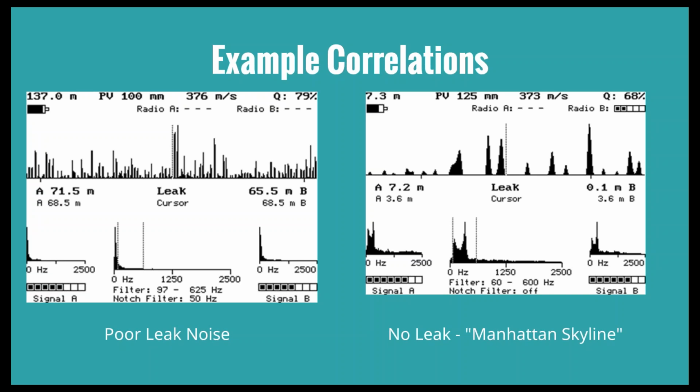And again, it's part of that art to the science of doing leak detection surveys. When you do get data like this, knowing how to mitigate that, whether it's putting your correlators closer together or evaluating your pipe material and figuring out whether it's a good correlation or not.